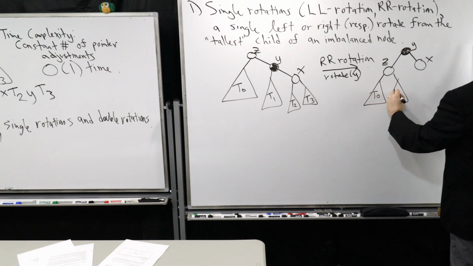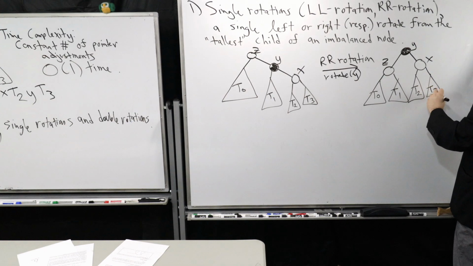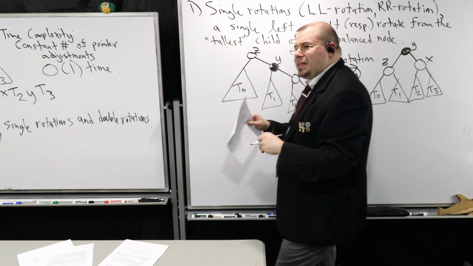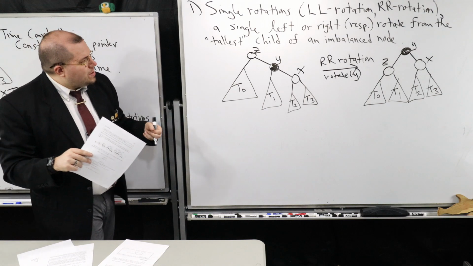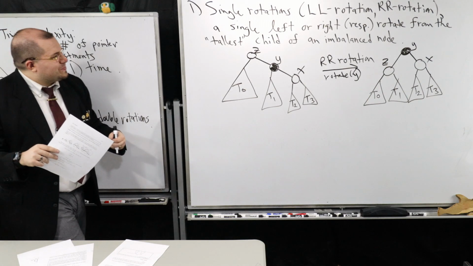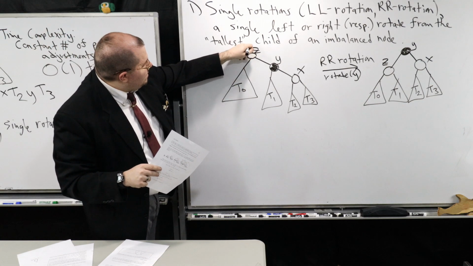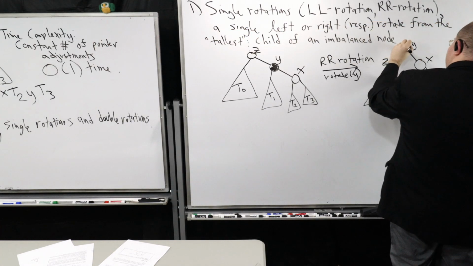So what will happen is I end up with my subtrees looking like this. This is what the RR rotation would do. Just remember that Z might, for example, have a parent, so be very mindful of this fact.